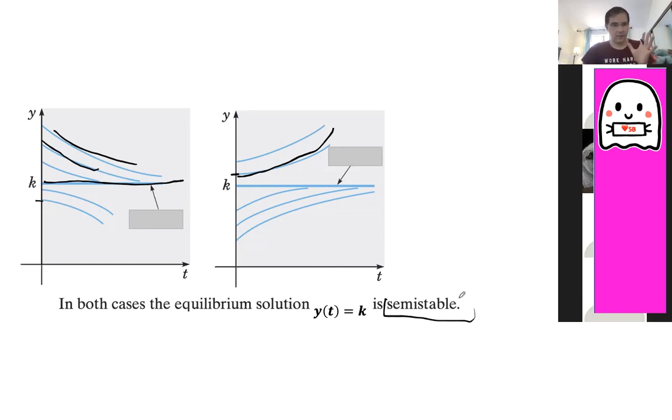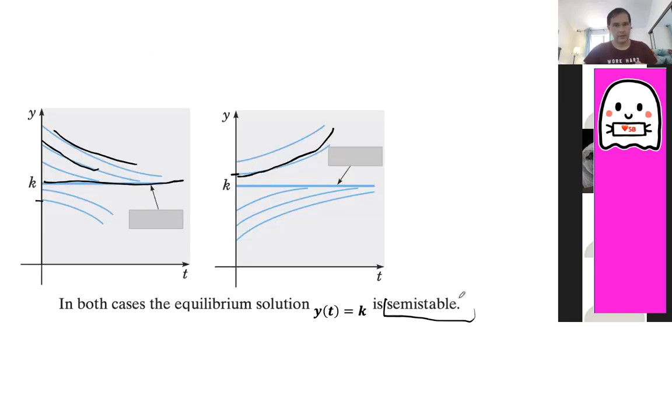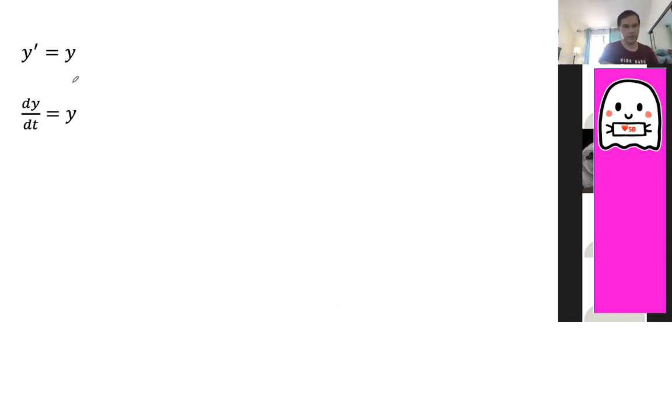So let's do now an explicit computation. I'm going to have an autonomous differential equation, and I want to actually compute all the equilibrium solutions. So I take this simple differential equation, y prime equals y.